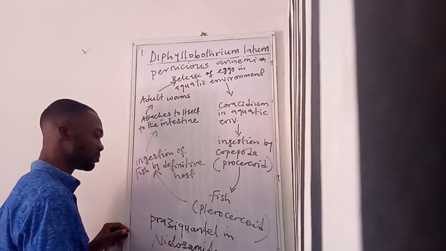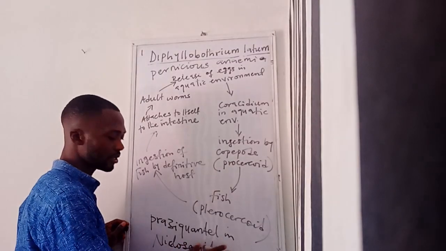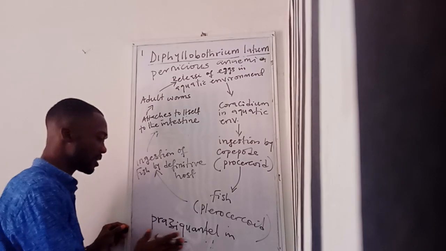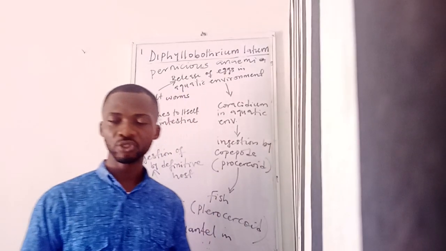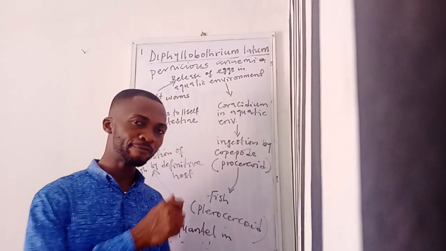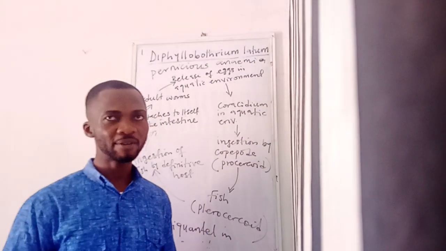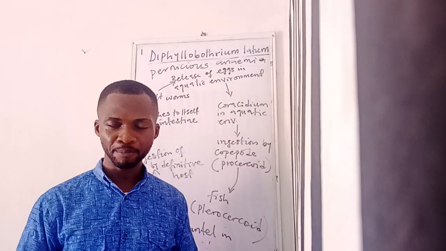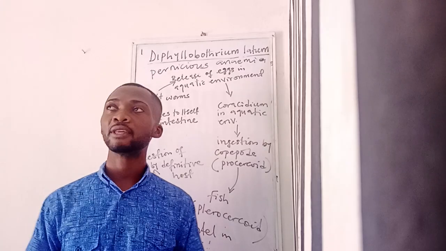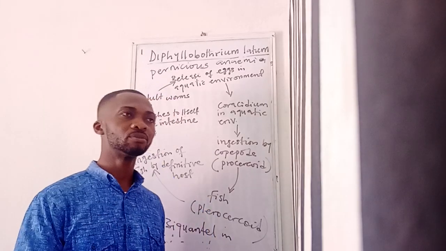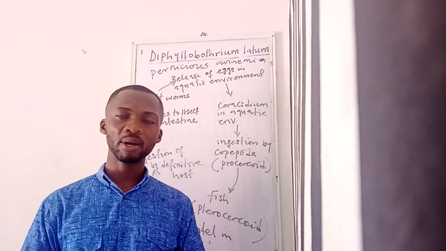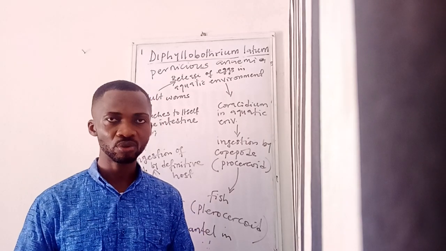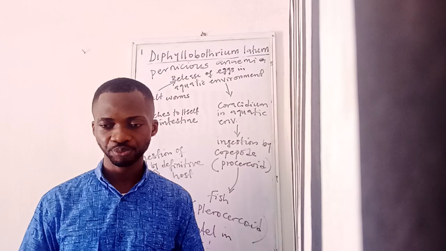This is an alternative drug, but praziquantel is the popular drug used for treatment of diphyllobothriasis. I think that is all I have to talk about when it comes to Diphyllobothrium latum.